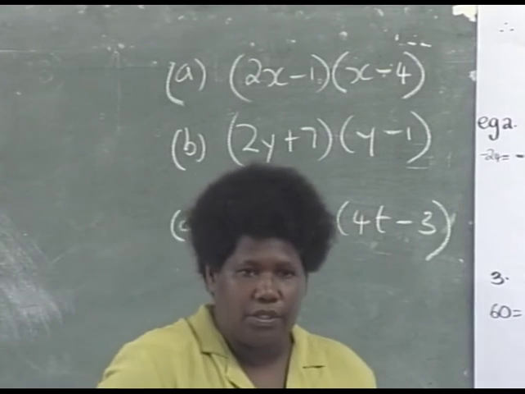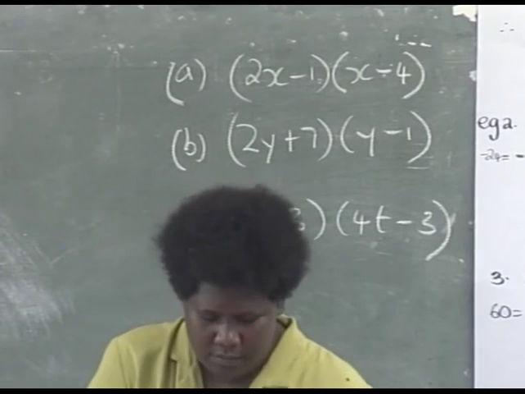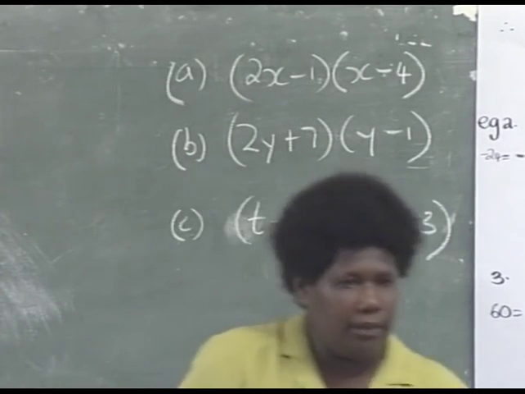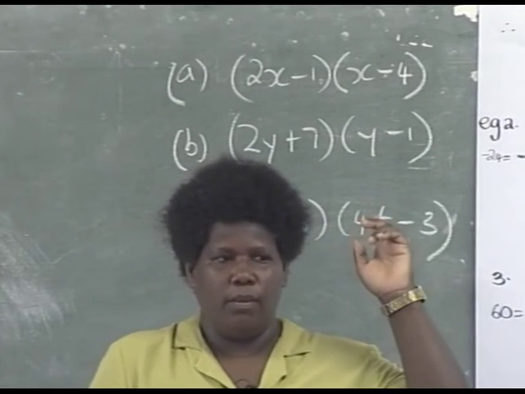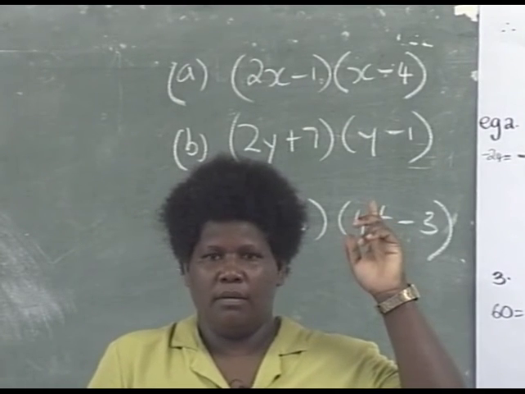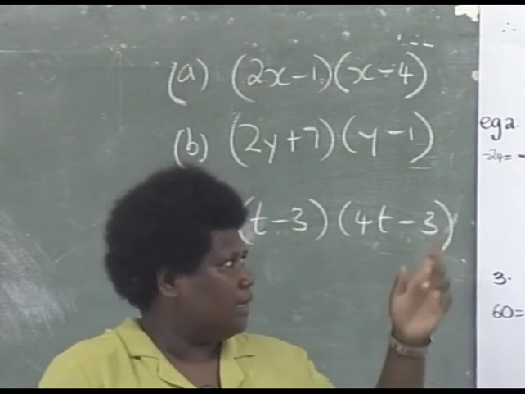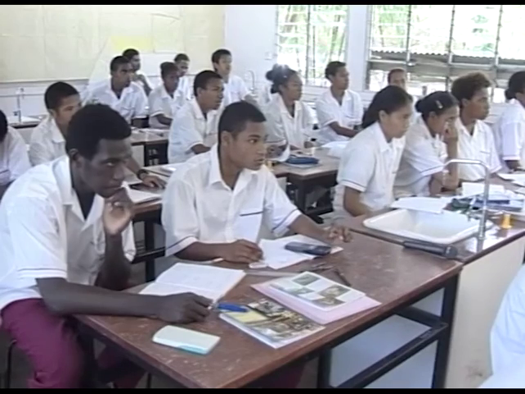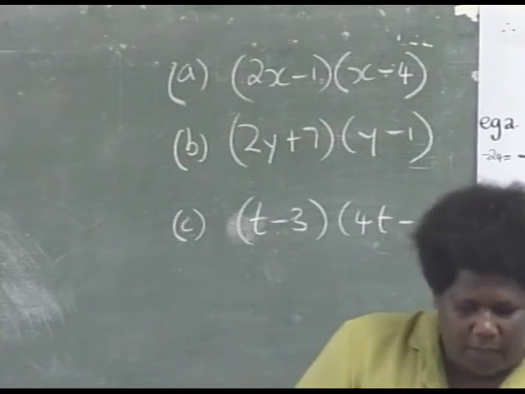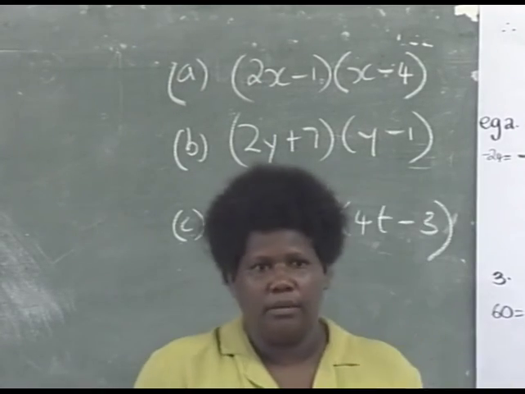Is there any question on this? Is there anyone in this class who learned how to use the cross method before? No? Did you ever factorize where a is greater than 1, or you just factorized where a is equal to 1? Okay, if you use the cross method, it's actually not wrong. You can use it.